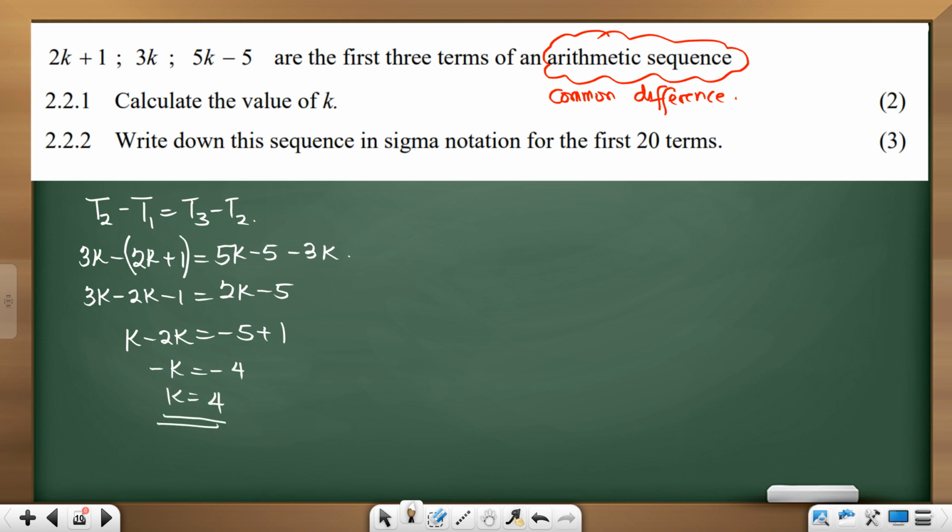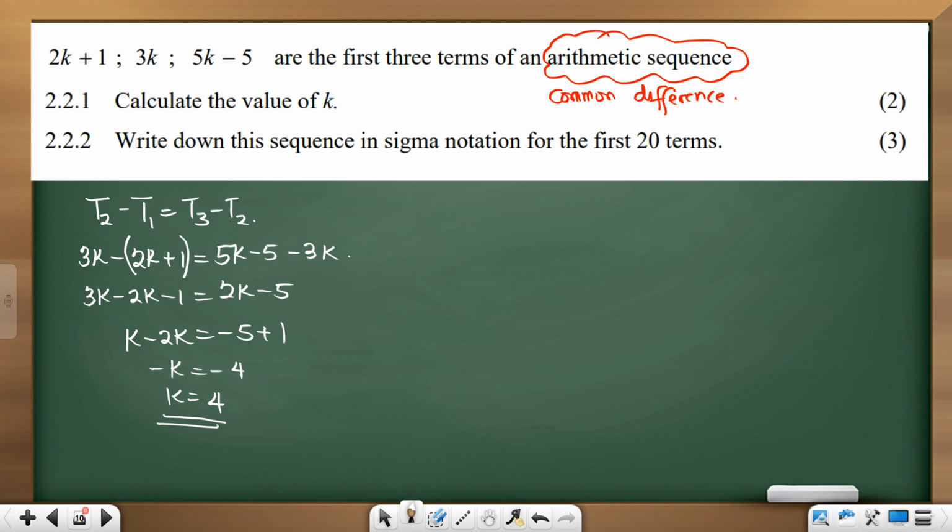Is that what you have as well? K equals to 4. K is equal to 4.